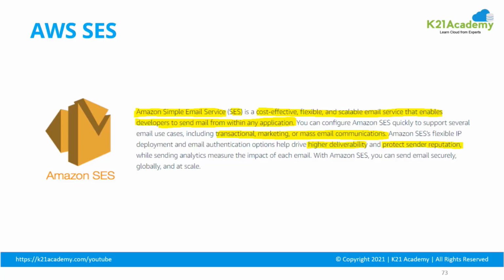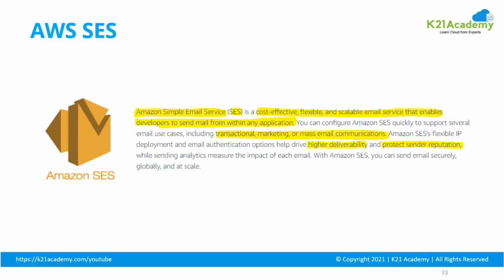Now, one of the important criteria in Simple Email Service is the deliverability of your emails. If the email is received by Google, for example I'm using Gmail and I'm getting an email from my AWS SES, the health of that SES service and your domain reputation should be quite good.